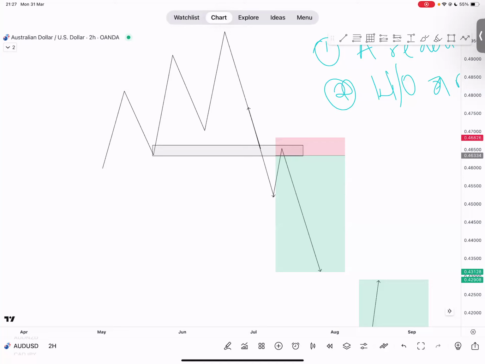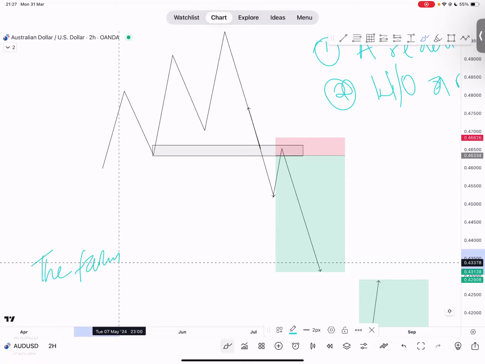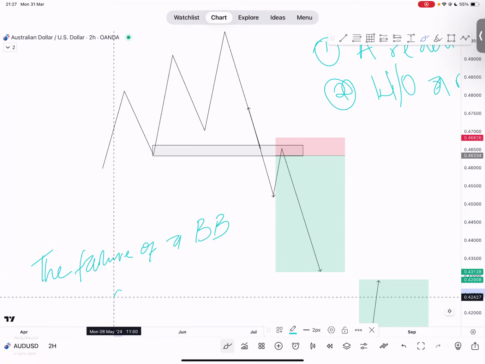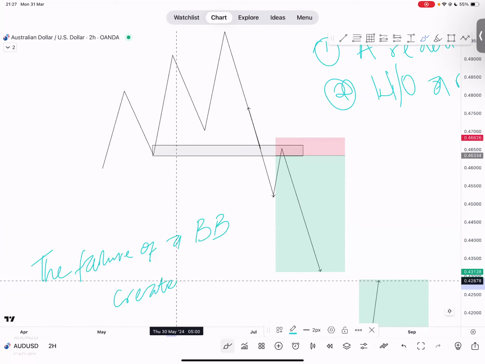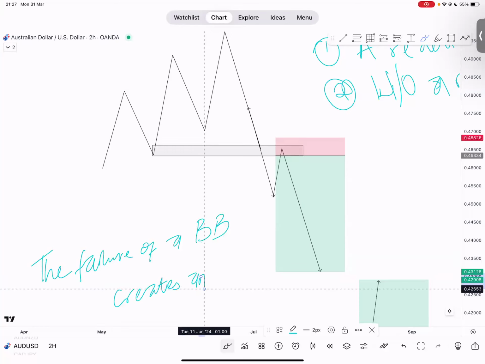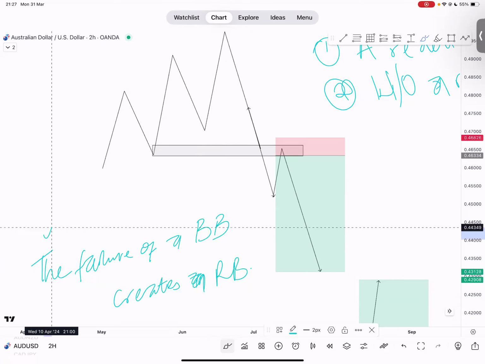Now, how are reclaimed blocks formed? The failure of a breaker block creates what? A reclaimed block, sorry.